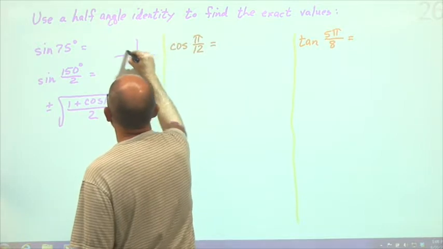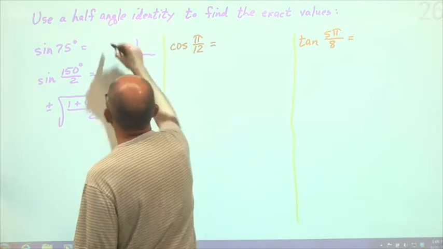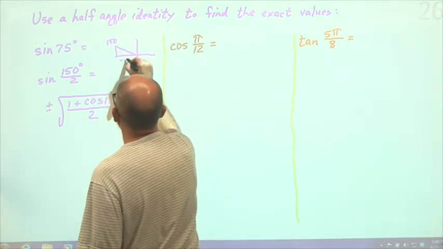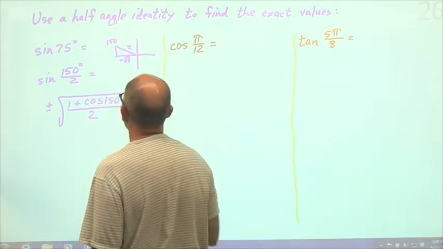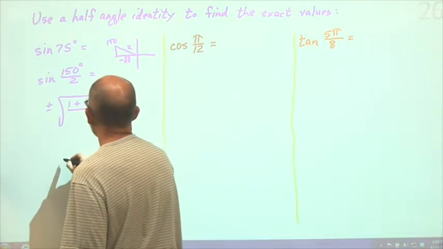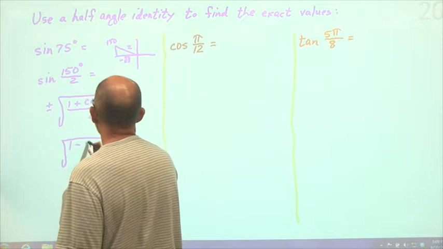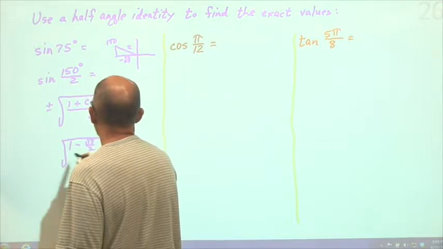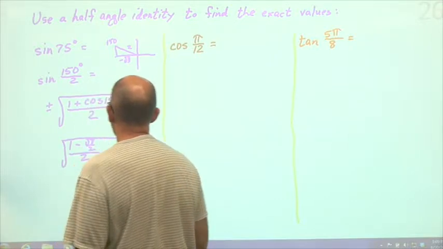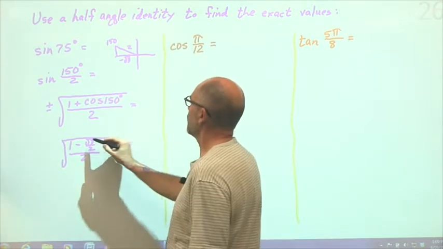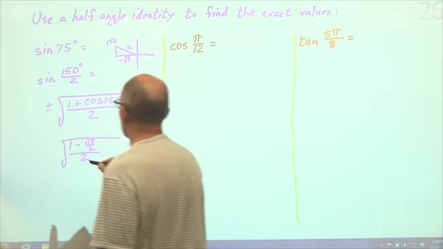Here's a 150 degree angle right there. And what's cosine? Negative square root of 3 over 2. So this whole thing becomes the square root of 1 minus square root of 3 over 2, all over 2. Okay, so what I'm going to do is get a common denominator on the top.